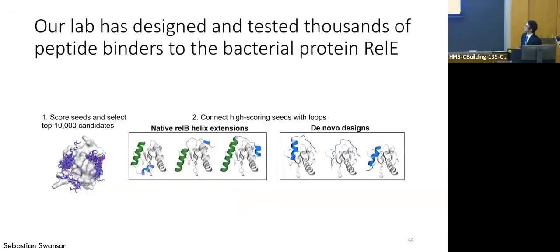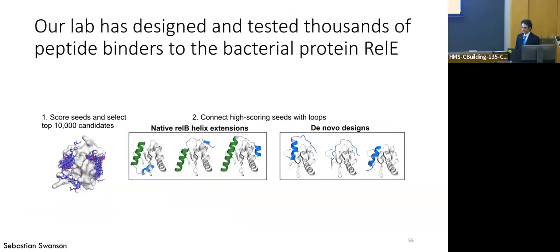So the Keating lab, this is work done by Sebastian Swanson for his PhD thesis, has designed and tested thousands of peptide binders to a bacterial protein called RelE. I'm not going to go into his method, but it involves having some thousands of seeds that are found from the PDB that could potentially interact with this protein RelE, and then stitching them together.